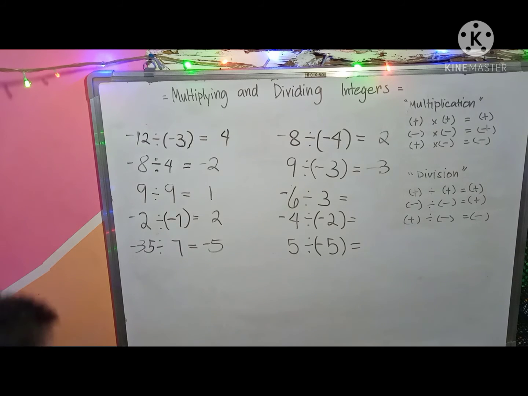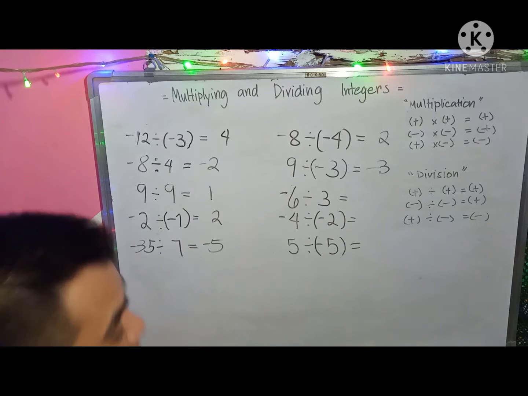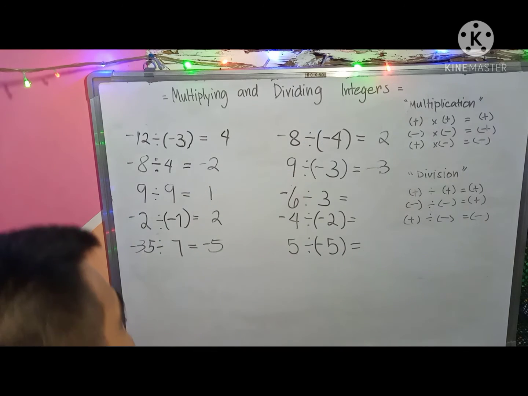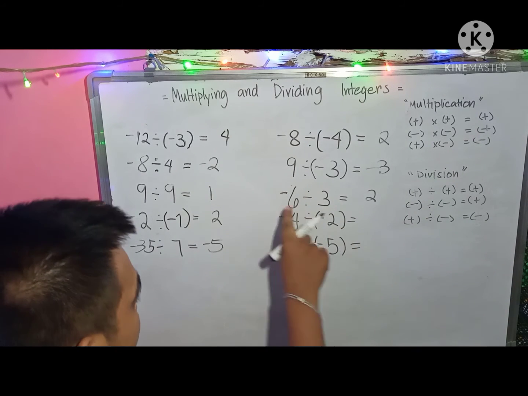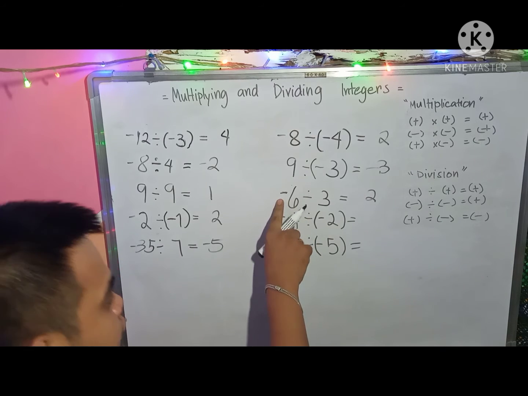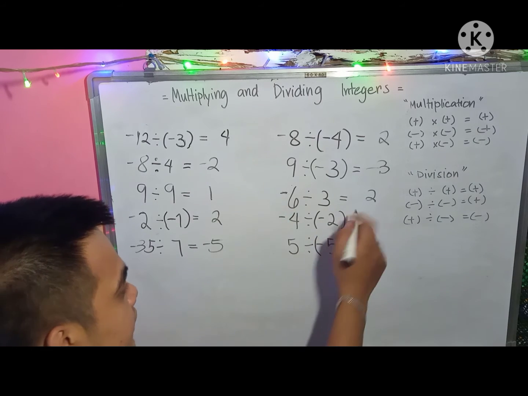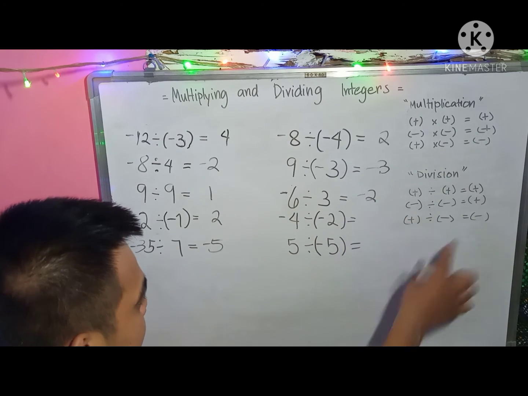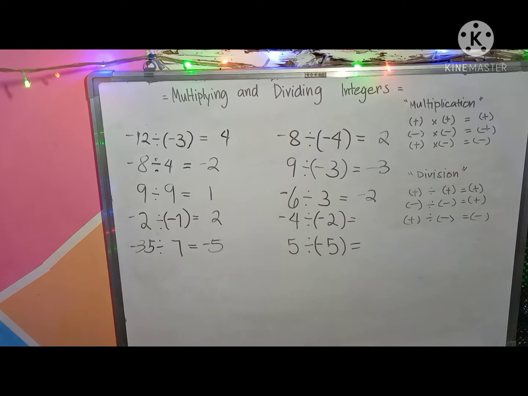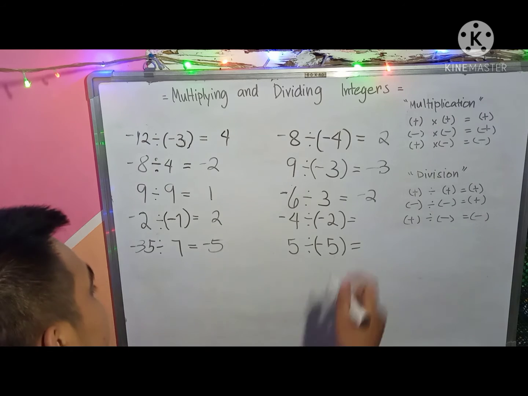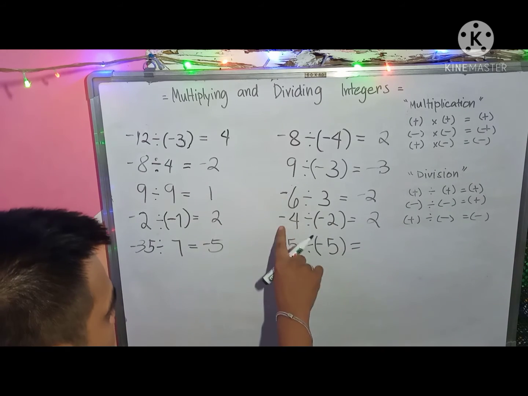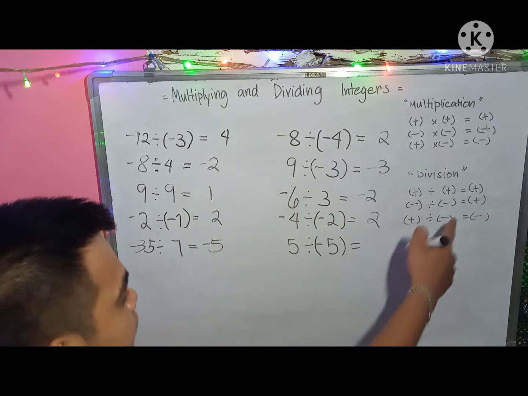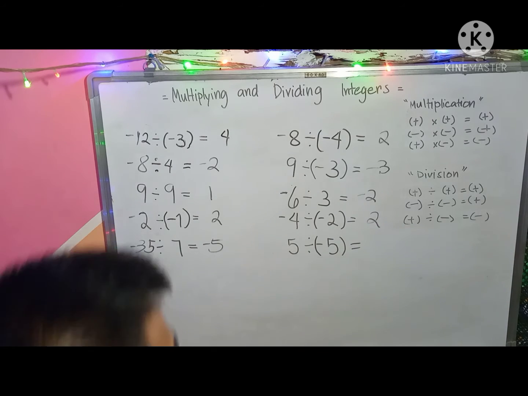Next, negative 6 divided by 3. So 6 divided by 3 is equal to 2. Unlike signs, one is negative and the other one is positive, will give us negative quotient. Next, negative 4 divided by negative 2. 4 divided by 2 is equal to 2. Like signs, para silang negative, so the answer is positive.